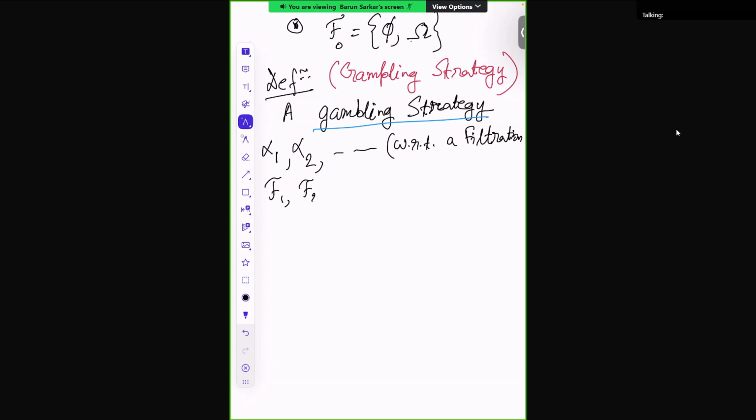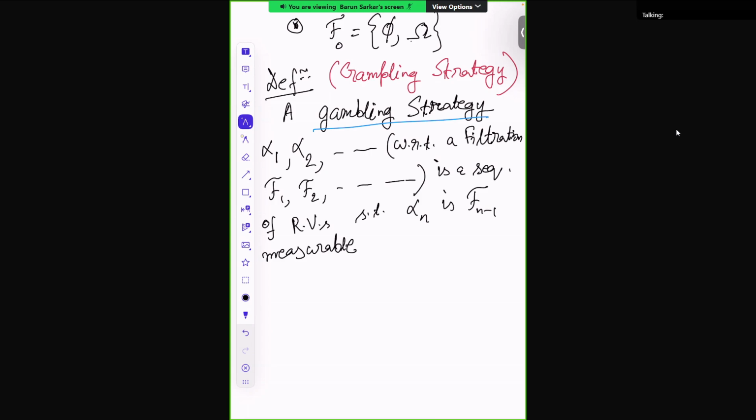F1, F2. A sequence of random variables such that alpha n is measurable, right?